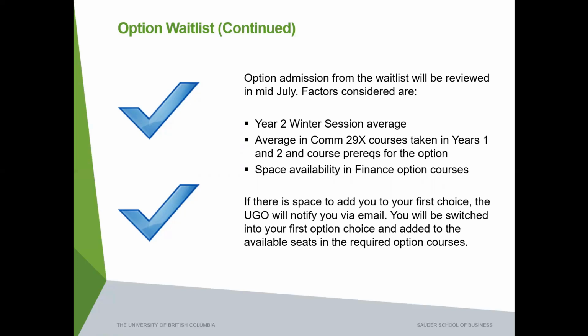So we just look a little bit deeper into how you did in the prereq for finance, the COM 298 course. We look at what grade you got in that course, as well as an overall average of your 29X courses and your overall year 2 winter session average to determine who gets into those last remaining seats that we might still have available.